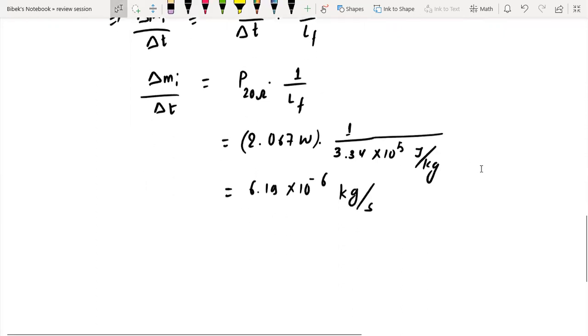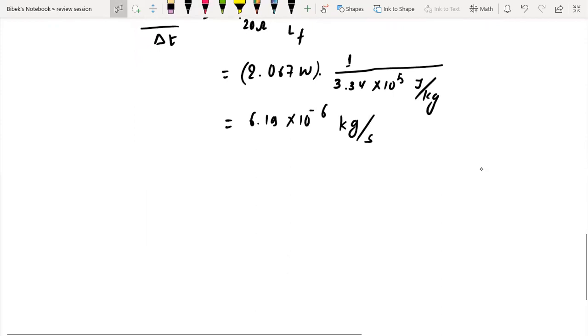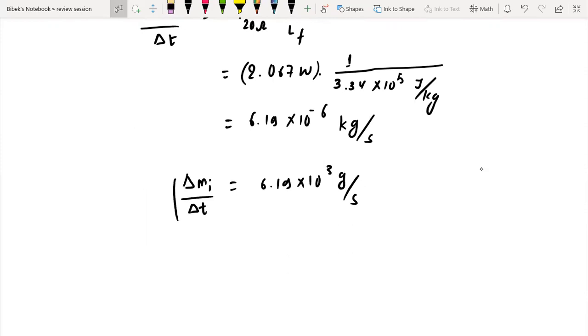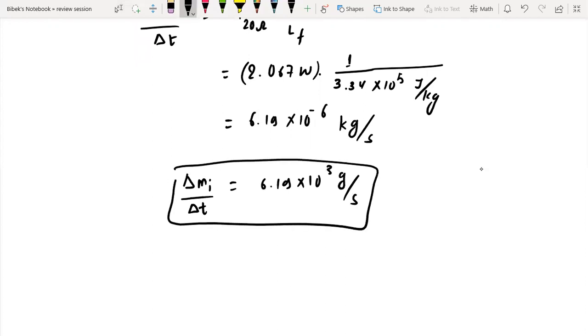But you're asked in grams per second, so you need to multiply this by 10 to the 3, so that's 10 to the 3 grams per second. That's the rate at which the mass of the ice in that particular 20 ohm resistor will be decreasing.